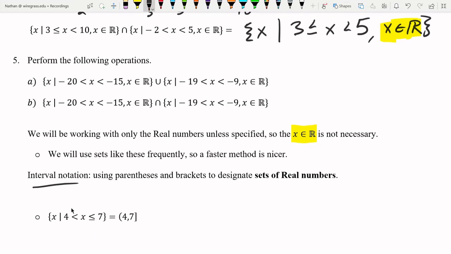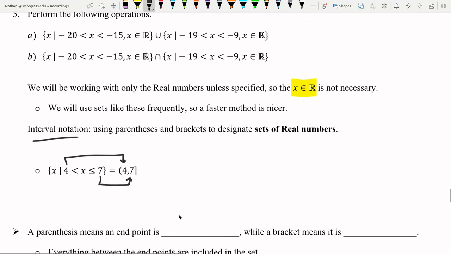We're saying that 4 is this first number and 7 is the second. As you can see, 4 is not included because it's not equal to here, and that has a parenthesis around it. So a parenthesis means the endpoint is excluded. And a bracket, the square bracket here, means the endpoint is included.